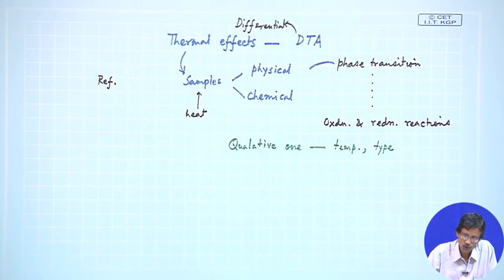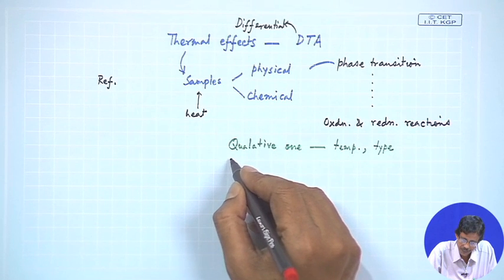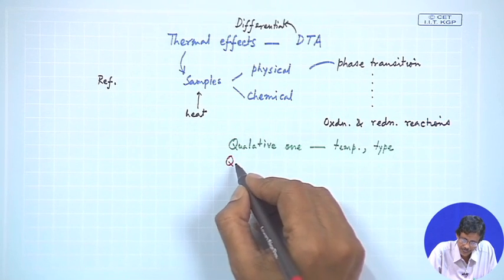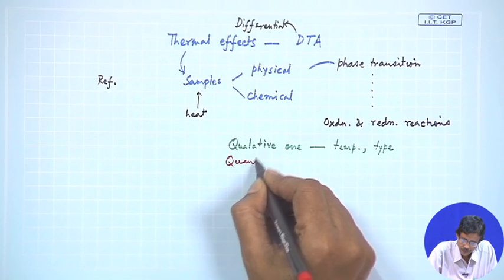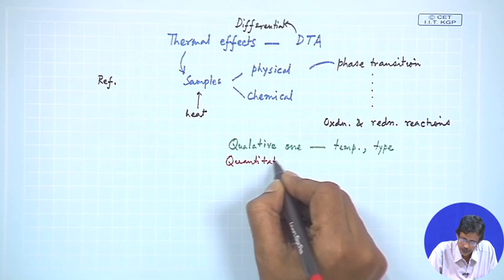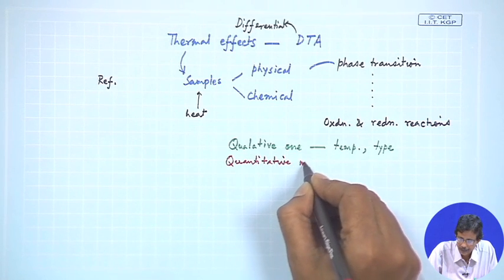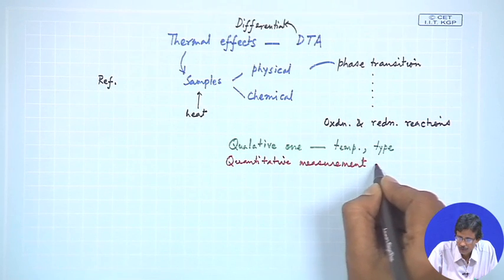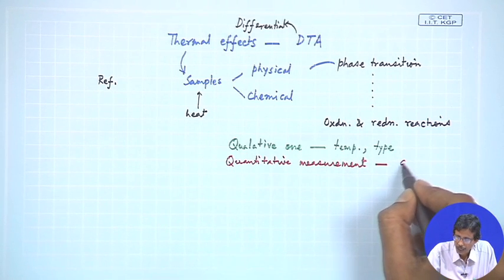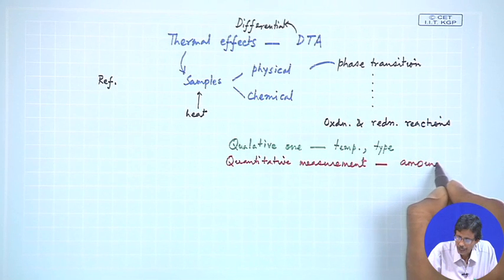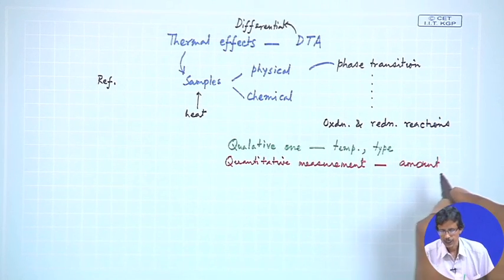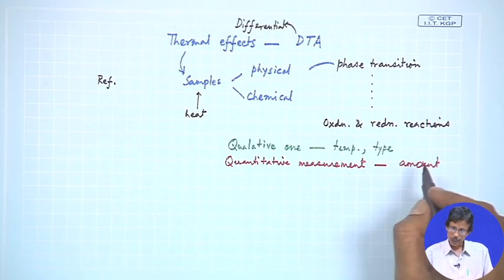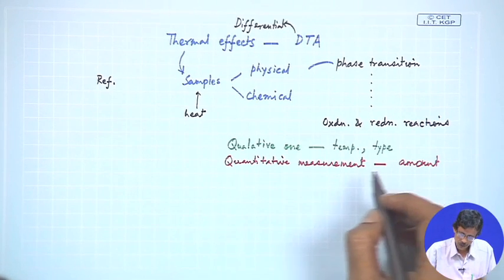But if we go for a typical quantitative measurement using DTA, the amount of heat or amount of that particular energy, the thermal energy to be supplied or removed from the sample can be monitored.